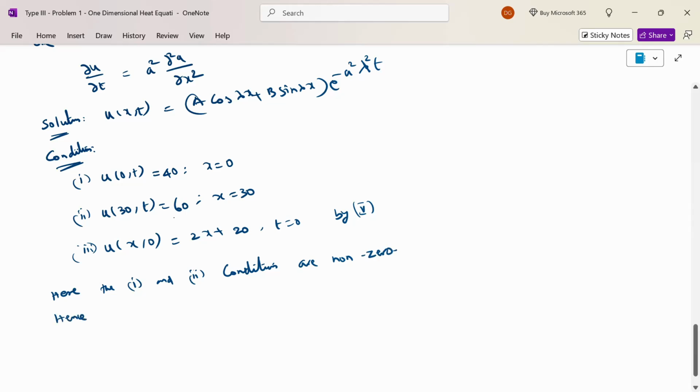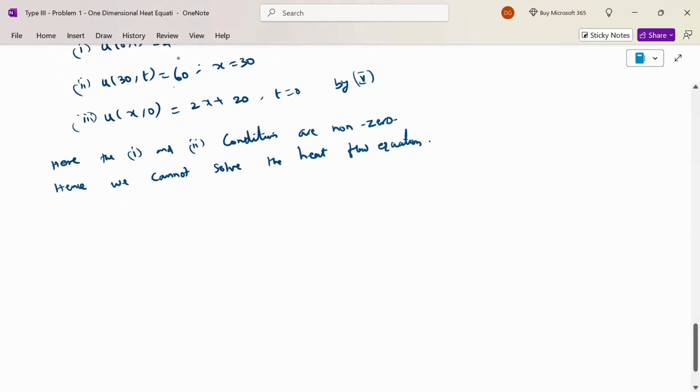Hence we cannot solve the heat flow equation directly. Then how to solve the procedure? We split the equation. So we split the solution into two parts.